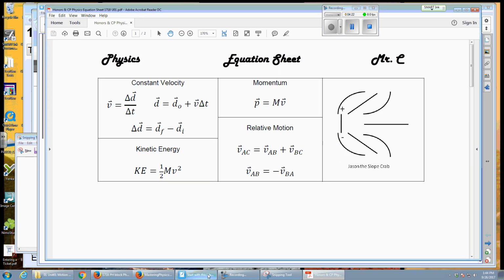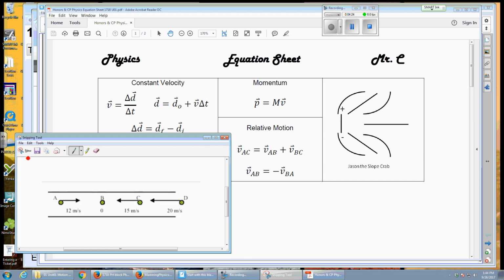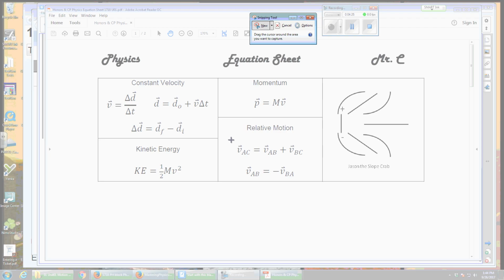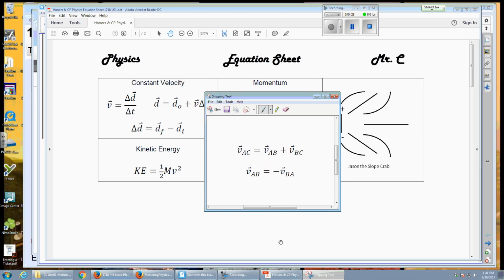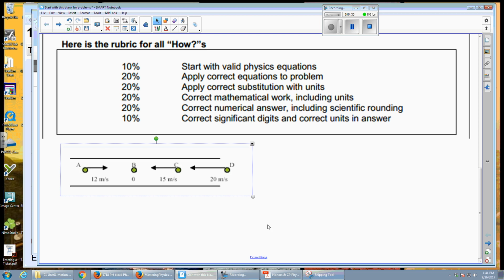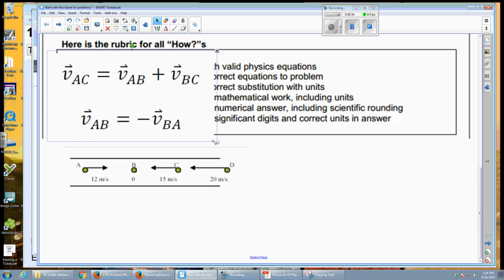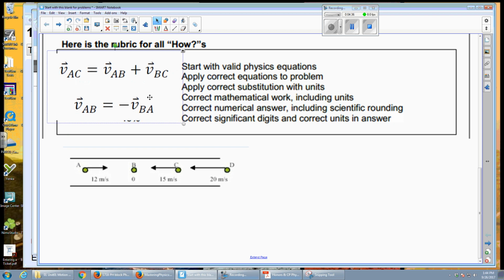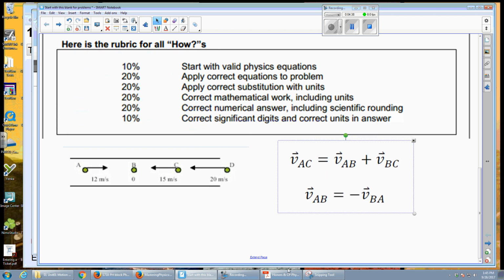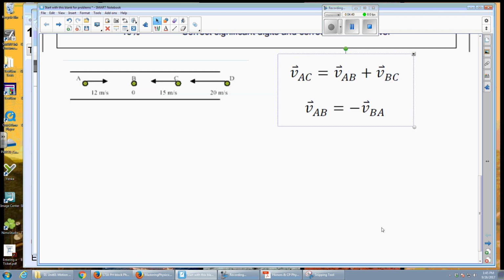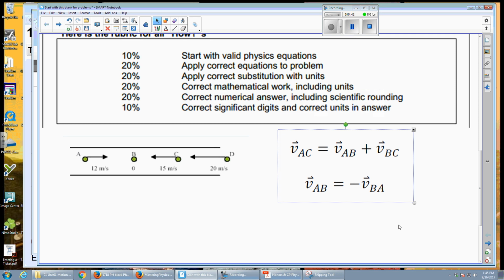And grab my equations so I don't have to retype them. All right. So, let's see.